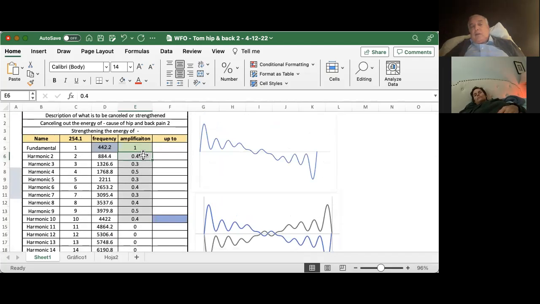So what we need to do is to test for how strong, what's the strength or amplitude of each of the harmonics. So we just leave one as whatever it is. We don't have to measure it because the body knows what it is. And the body also knows what the second harmonic is, which in music, the harmonics are a series of tones that go la, la, la, octave higher, la, la.